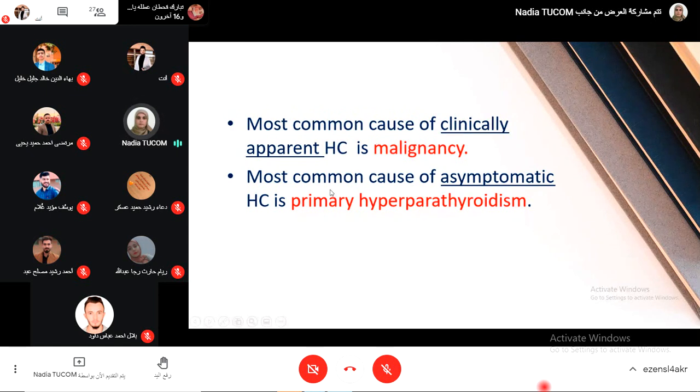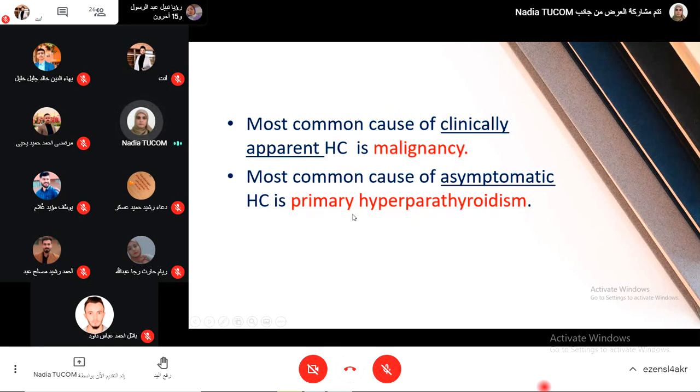Whereas the most common cause of asymptomatic hypercalcemia is primary hyperparathyroidism.